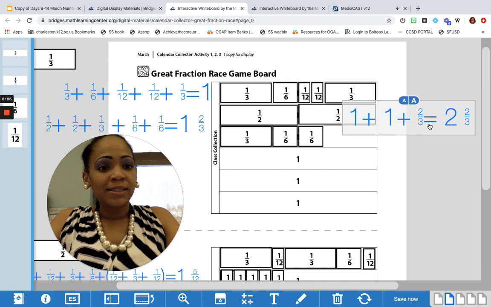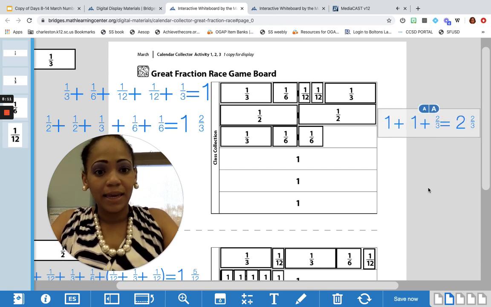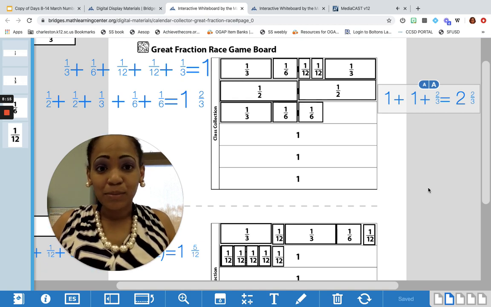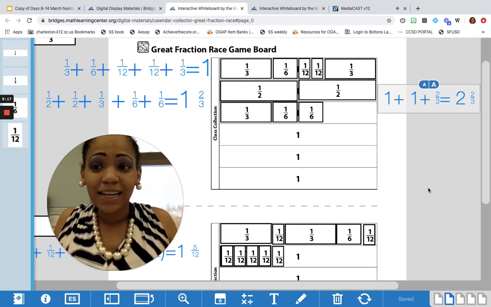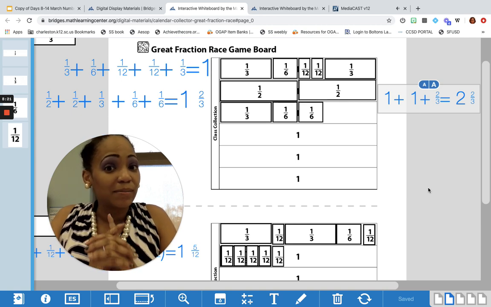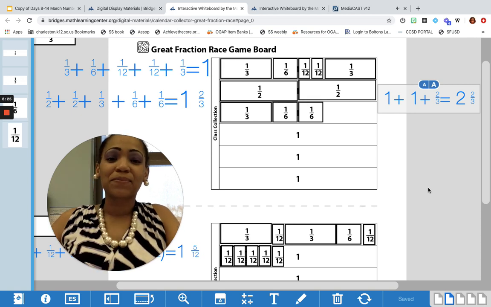So you guys, obviously right now you are farther ahead than I am, but I still have to add my pieces. If you haven't finished catching up with me, remember you can pause this video at any time, but we need to work together right now to go ahead and add up my fractions, and then we'll spin for yesterday and today. Okay?